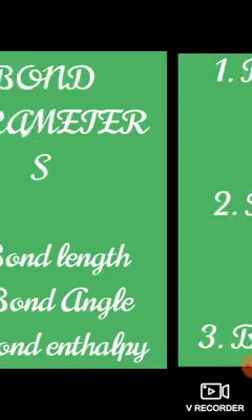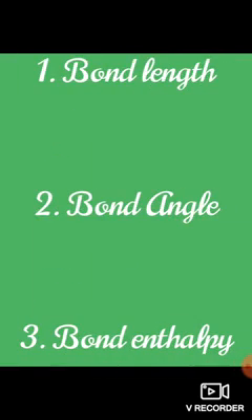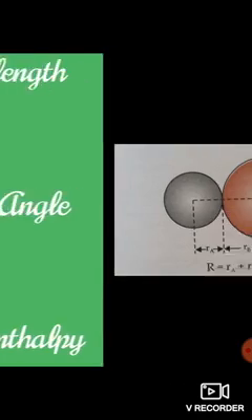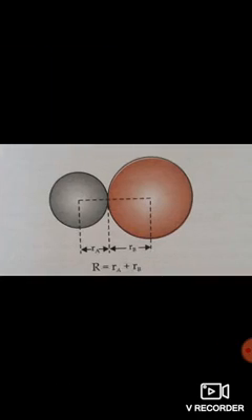So now first we will discuss the bond length. The bond length is defined as the equilibrium distance between the centers of the nuclei of two bonded atoms in a molecule. As you can see in this picture, we have two atoms.